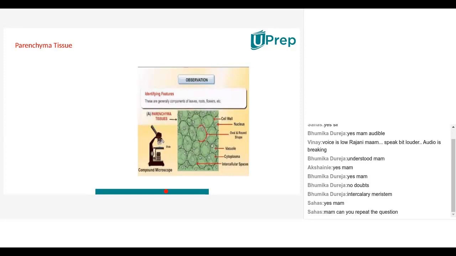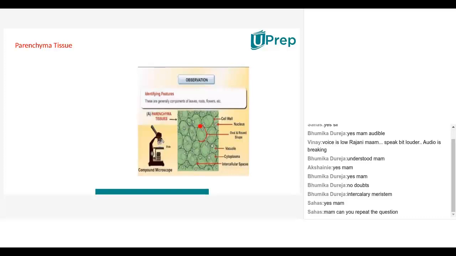Simple permanent tissue called parenchyma. Okay. So under the microscope, you will observe parenchyma cells something like this. There are a few important observations we have to find in this picture.